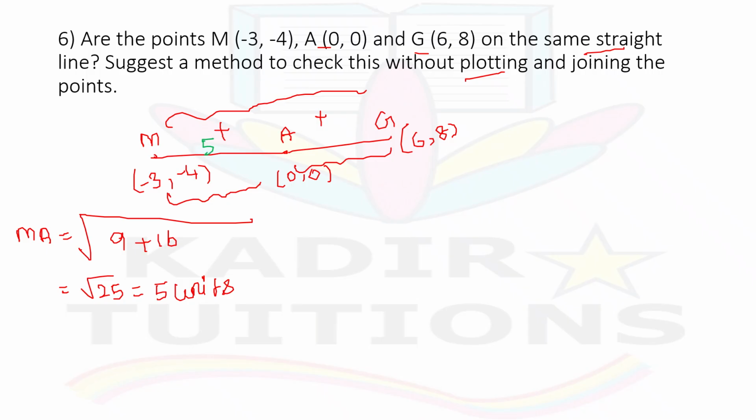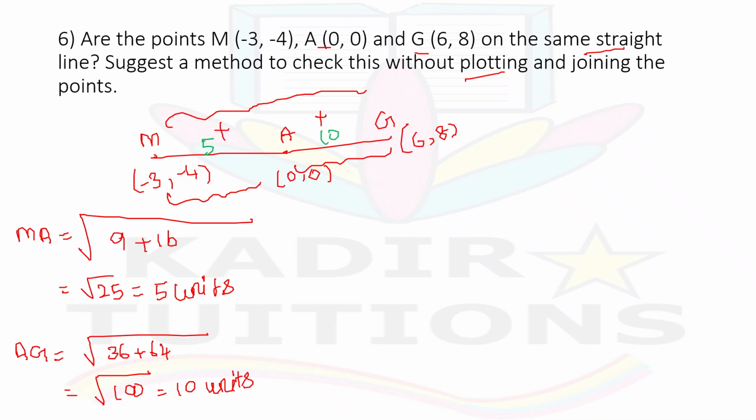Okay, so now we will do AG, A and G. Over here, 0 minus 6 is going to be 6 square, which is 36. 0 minus 8 is going to be 8 square, which is 64. So if we add these, what will we be getting? 6 plus 4 is 10, balance 1, so 100. So the answer is going to be 10 units. So what is the length of AG? It is 10 units. So now we need to check what is the length of MG.